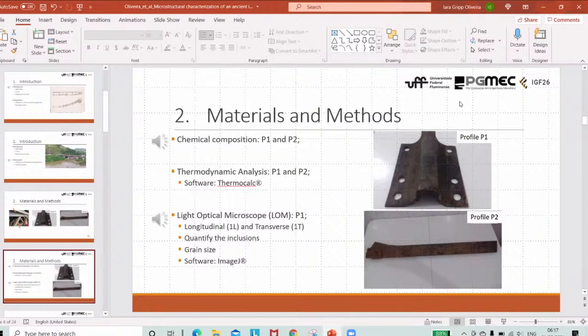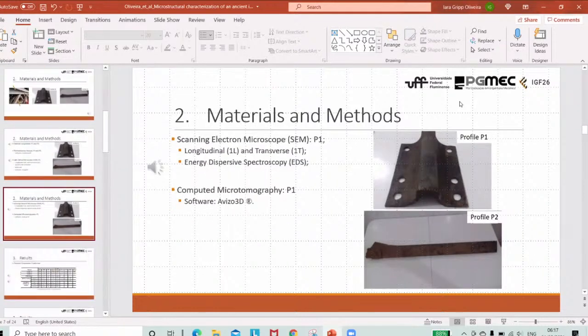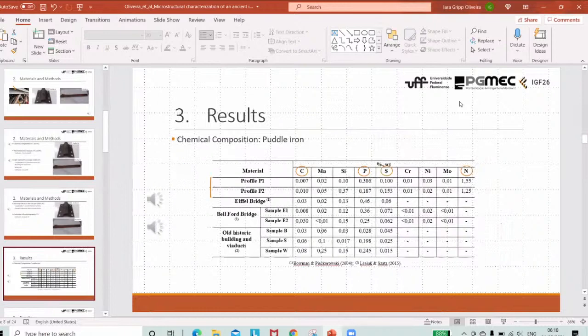Here we quantify the inclusions inside this material, and we also analyze the grain size and the shape of the inclusions. We also use the scanning electron microscope to analyze the slag inclusions that this material has. And we use energy dispersive spectroscopy to analyze their chemical compositions. And in the end, we use computed microtomography to analyze the distribution of those inclusions inside the material.